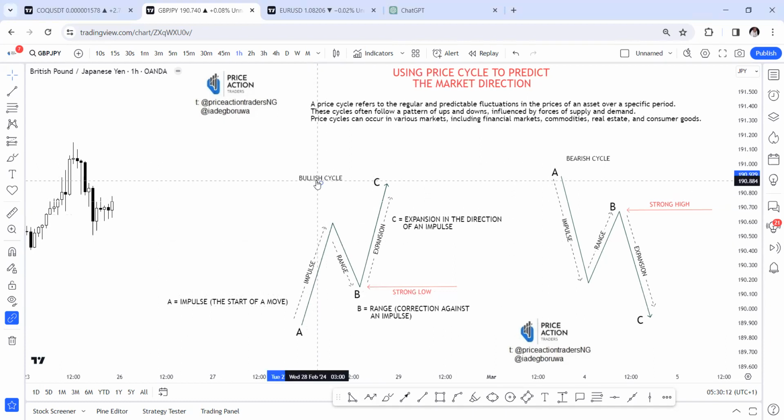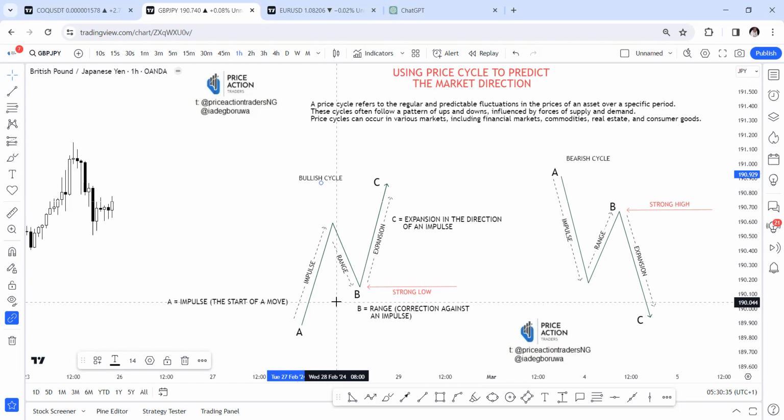In a bullish cycle, we have the very first thing, the leg A, which is the impulse. What is the impulse? The impulse is the start of a move, a start of a big move. This is the impulse, which is the leg A. Then after the impulse comes a narrow range, a range that is pulled back against the impulse. That is the leg B, which forms the range.